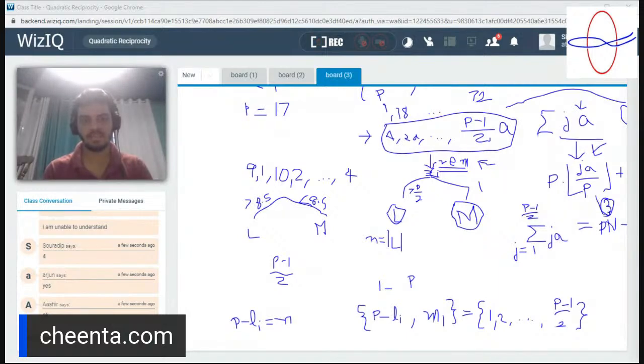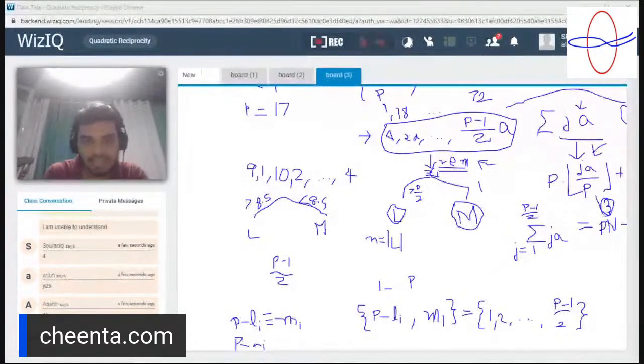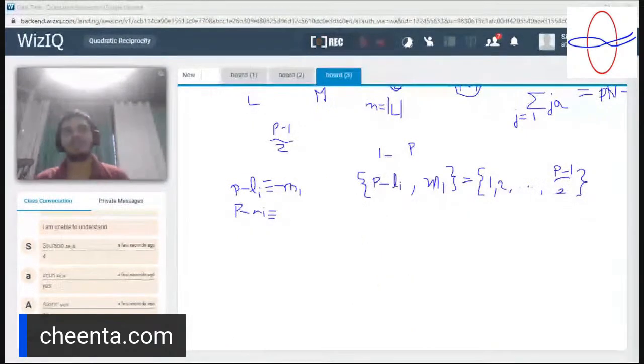So p minus Li equal to Mi, then we can also write this as p minus Li congruent to Mi, and then we write this back in terms of a, which is p minus something times a is equal to something else times a, and a times i, let's say, congruent to a times j, and then we get that i minus j is congruent to a mod p. Do you remember this?